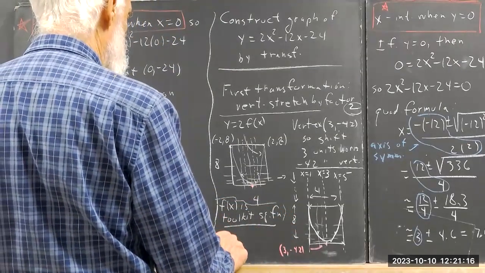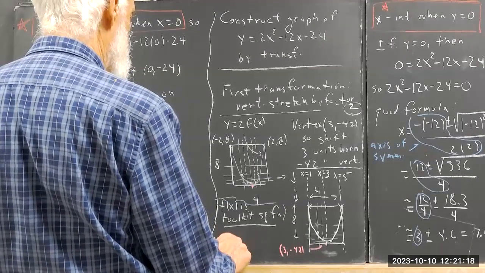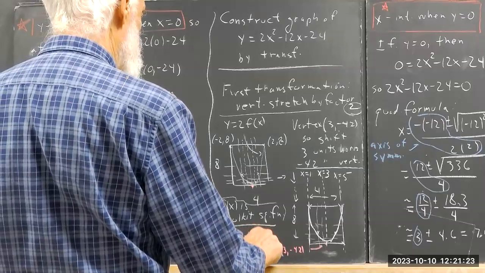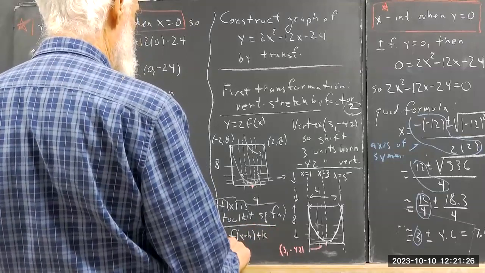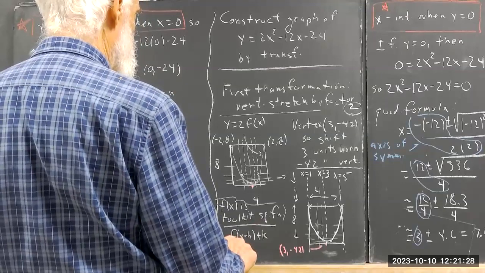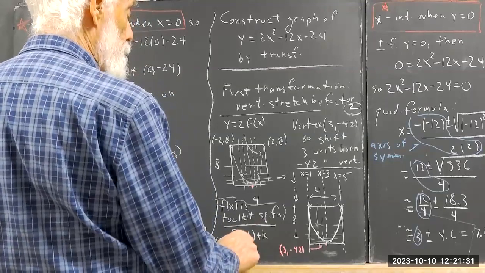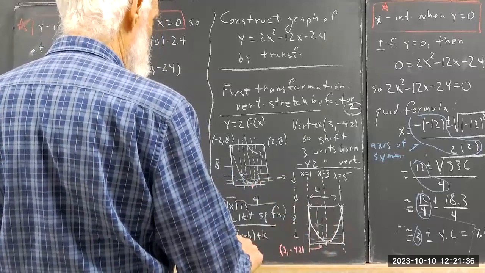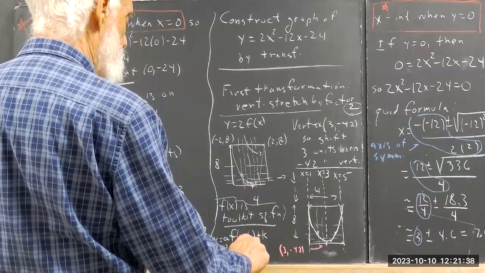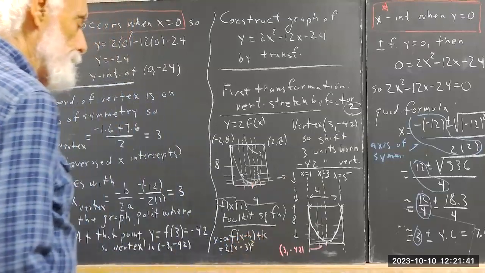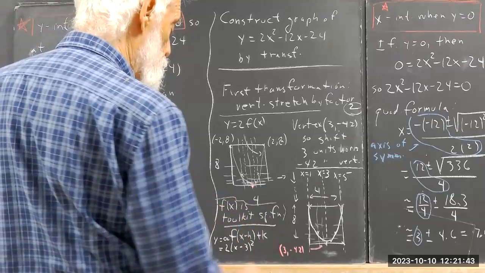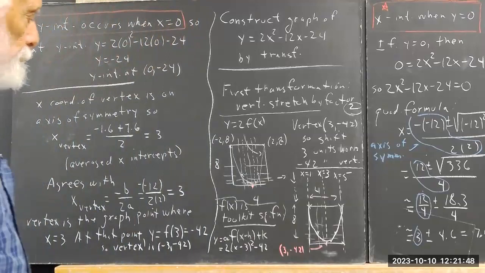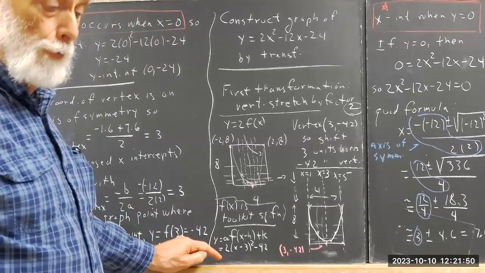Well, this is y equals a f of x minus h plus k, where a is 2, h is 3 because you move 3 units in the x direction, and k is -42. This is what you call the vertex form.